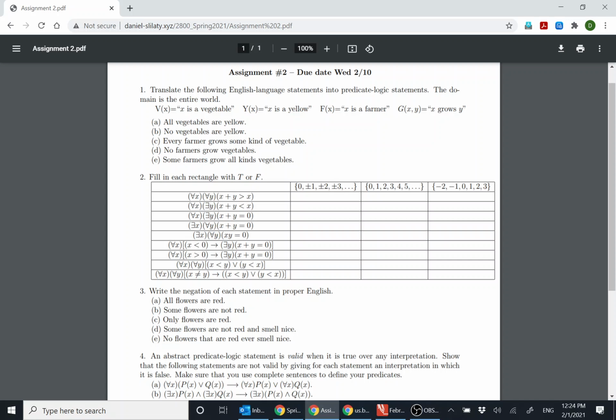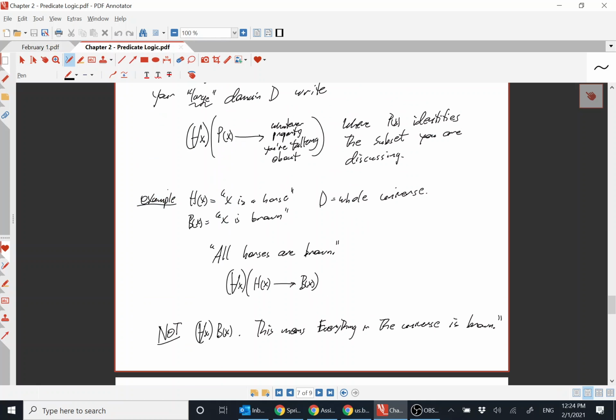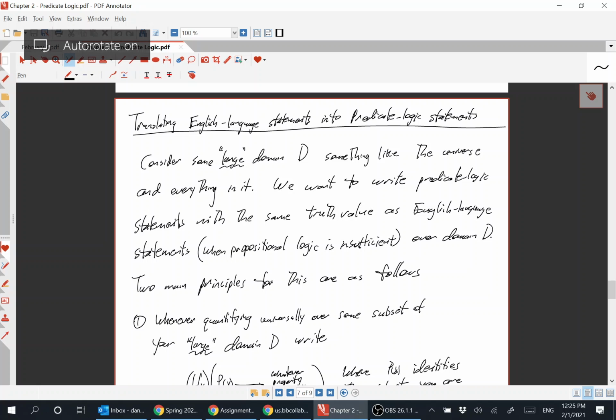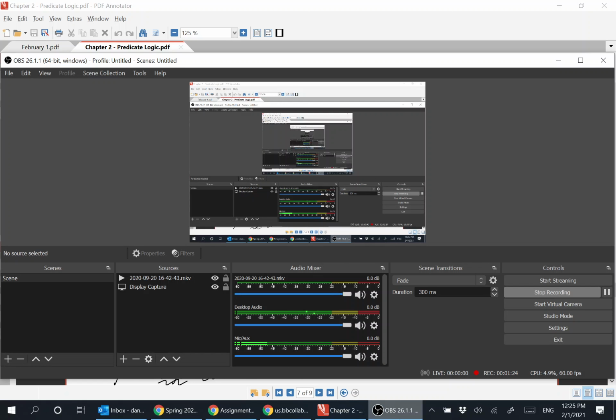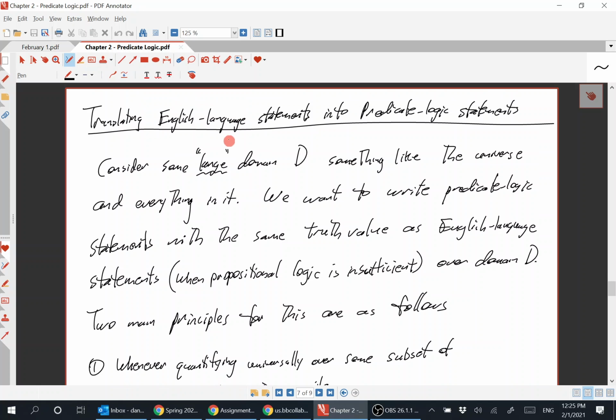All right, so let's move on with the lecture. We started talking about last time translating English language statements into predicate logic statements. Consider some large domain D, so it's something more than what you're typically talking about.